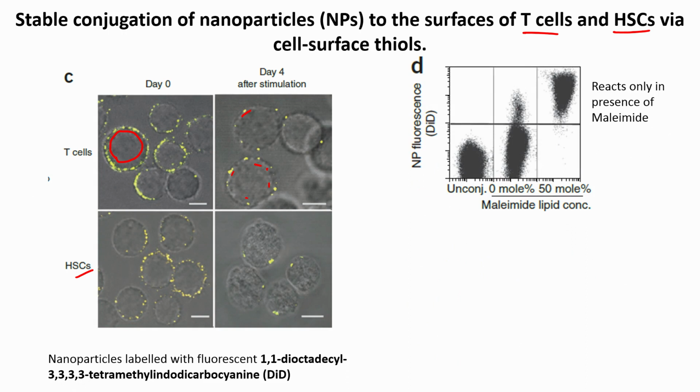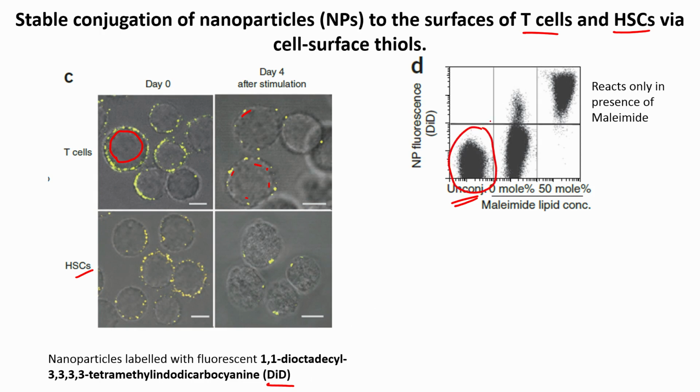They took these nanoparticles, which were labeled by a dye called DiD. This is a dye that inserts itself directly into the lipid membranes of the vesicle. If they use cells which were not conjugated, they get a certain population.